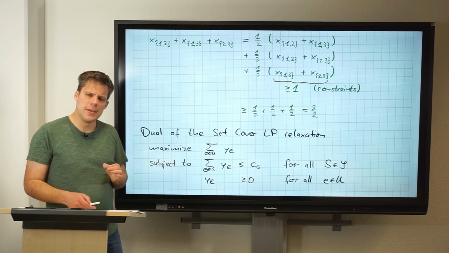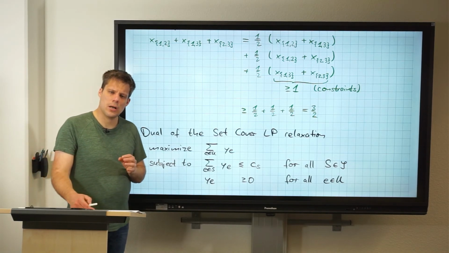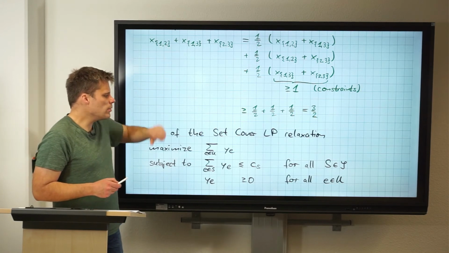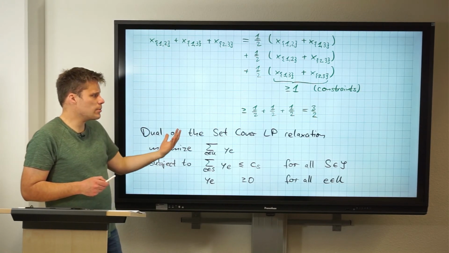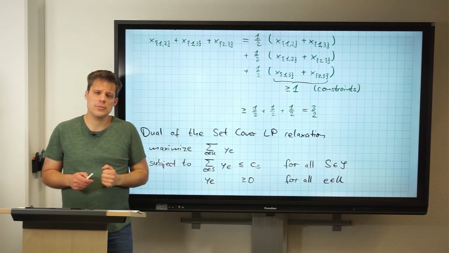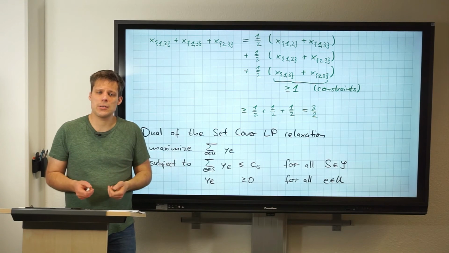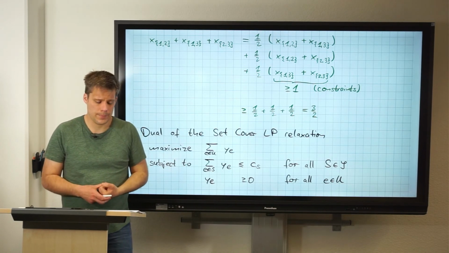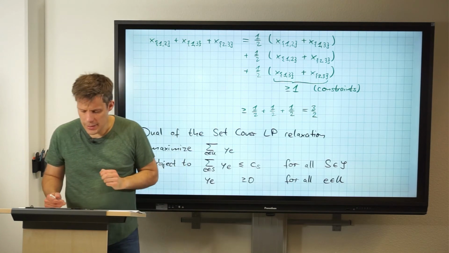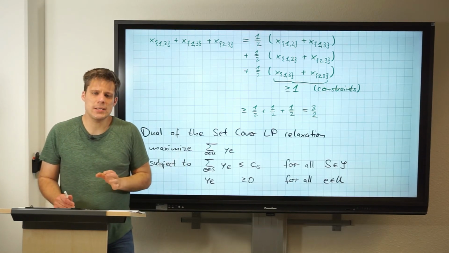But the way you can think about the dual of an LP is just like this. The dual gives you a structured approach to show that no feasible solution will be better than a certain value. And this is exactly called weak duality.